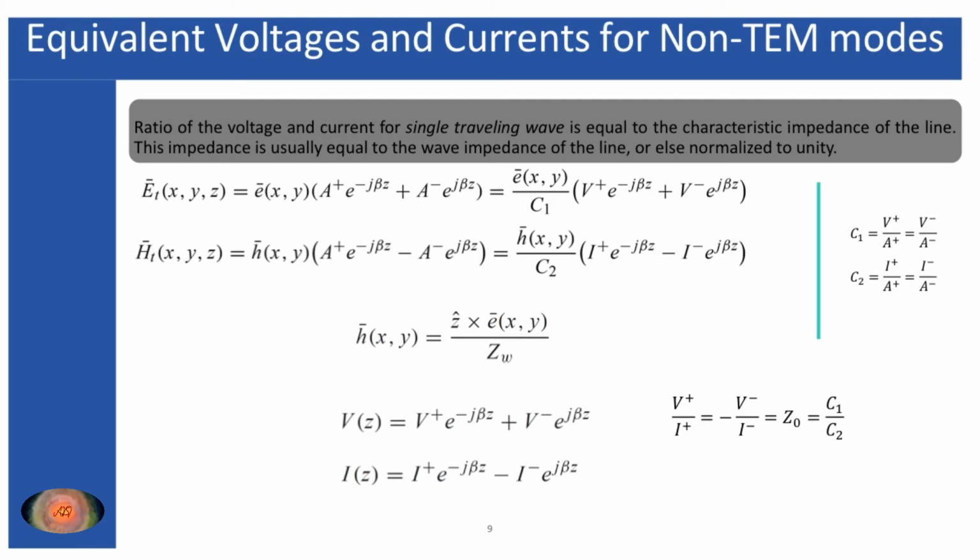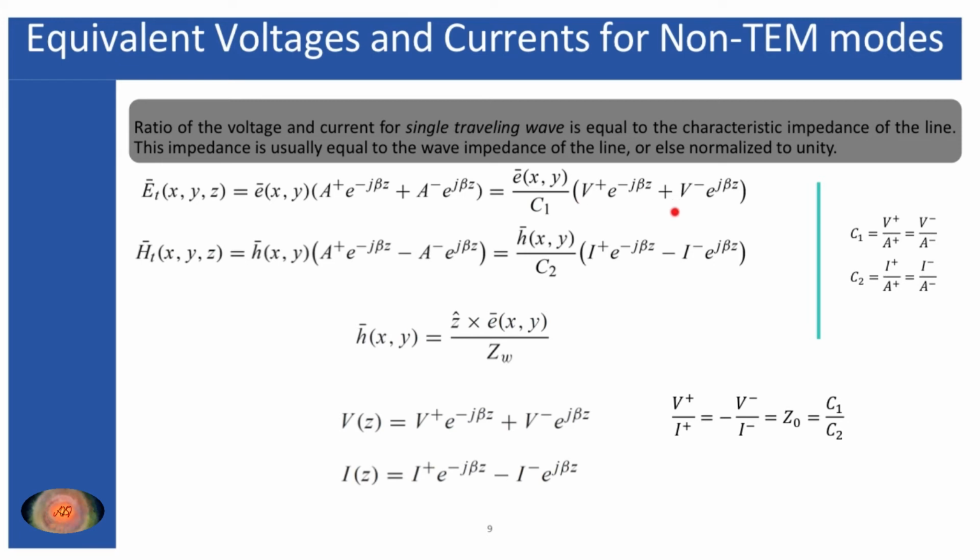Now, from our known theory of electromagnetism, this is the direction of propagation and this is the direction of the transverse electric field. So if you take the cross product and divide by the wave impedance, that will give you the transverse magnetic field. This is the well-known theory.